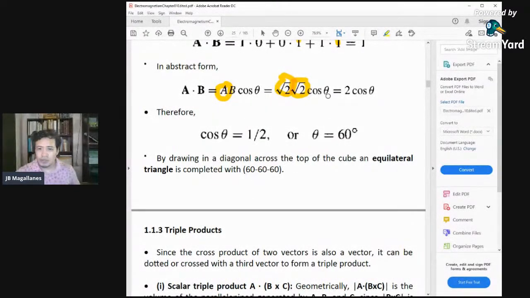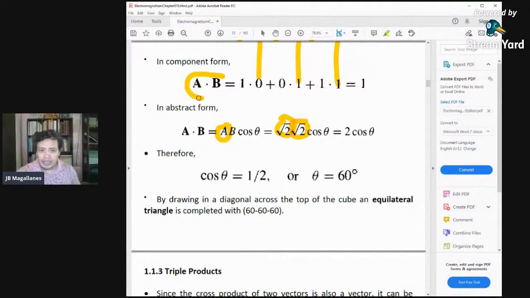And cosine theta is just what you're going to find. This is the angle. Then A dot B, which is 1, is equal to square root of 2 times square root of 2, which is 2, times cosine theta.